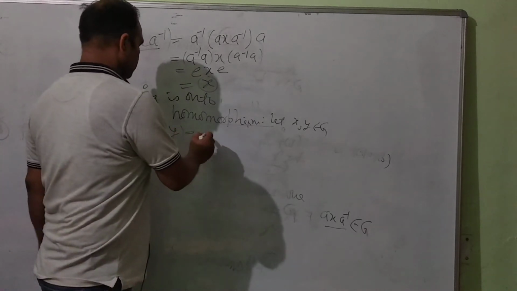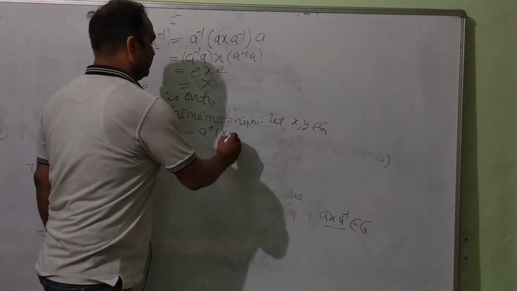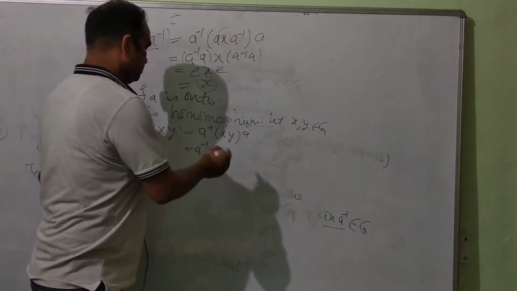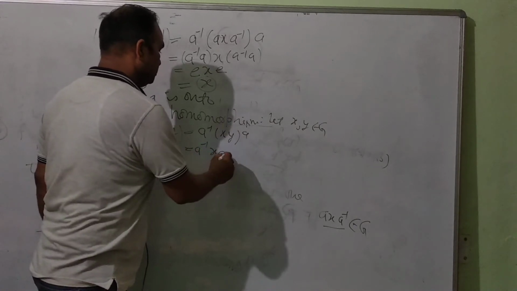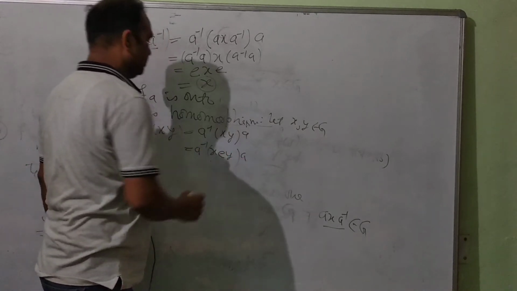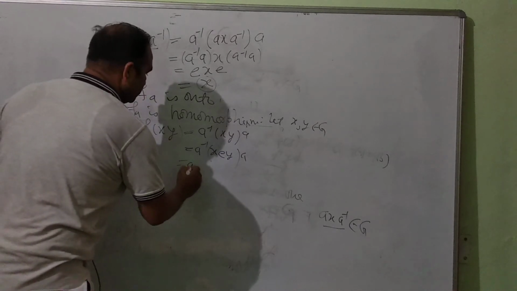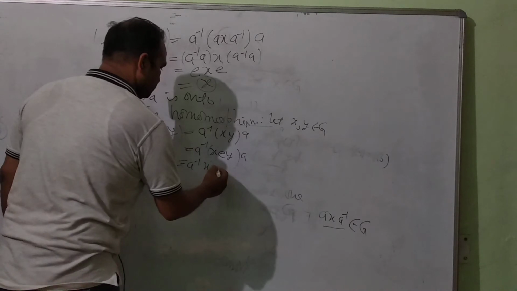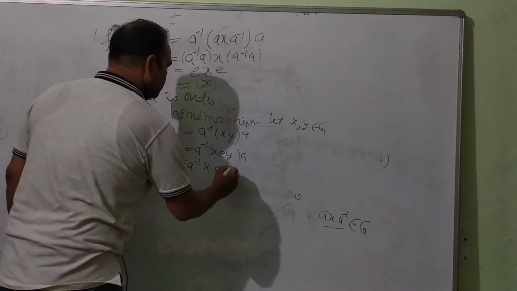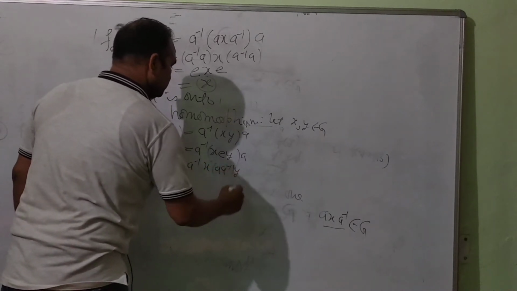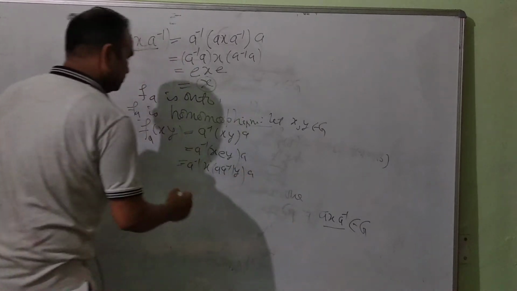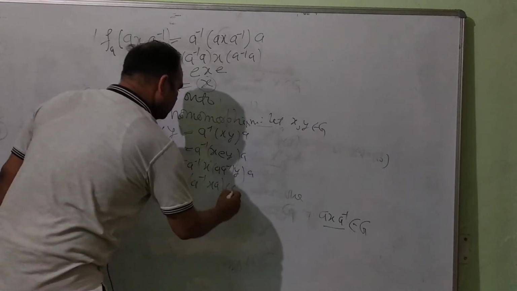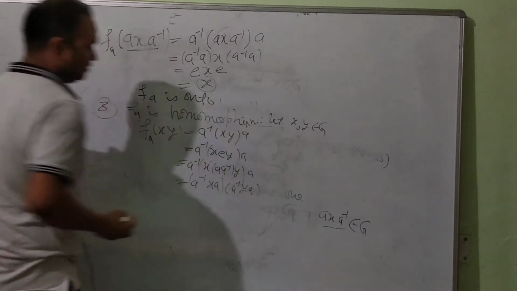So this is by definition A inverse xy into A. So we can write this as A inverse into x into E into y into A. So this is A inverse into x into, by definition we can write E as A into A inverse, and this is y, and this is A. Now by associative law we can write this as this and A inverse yA, right?